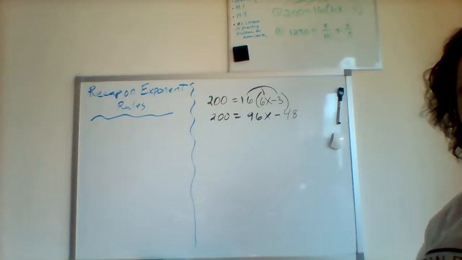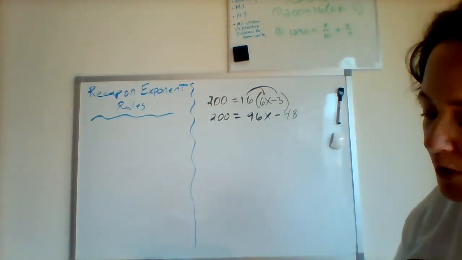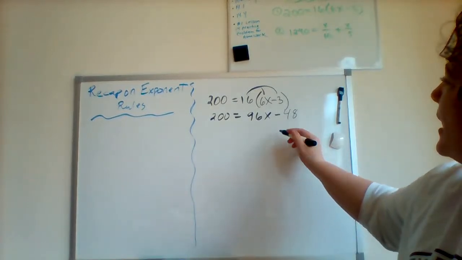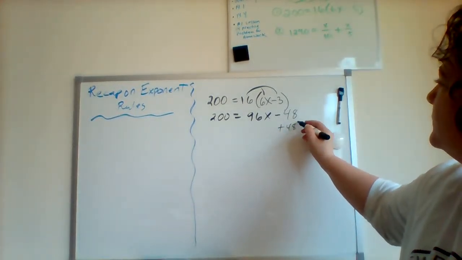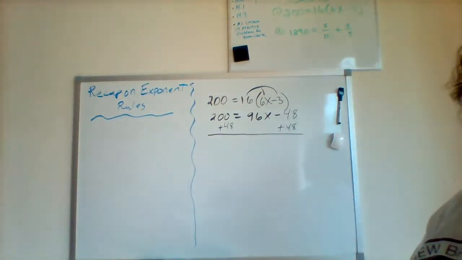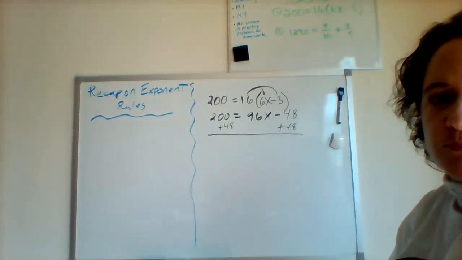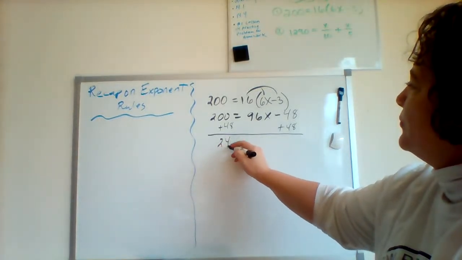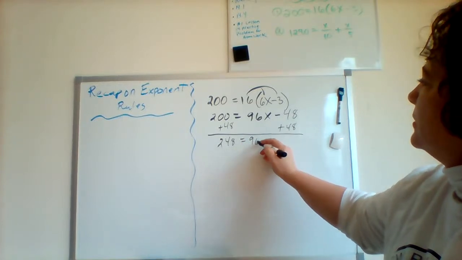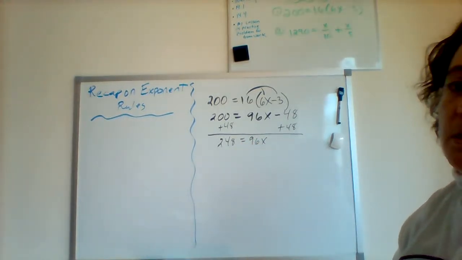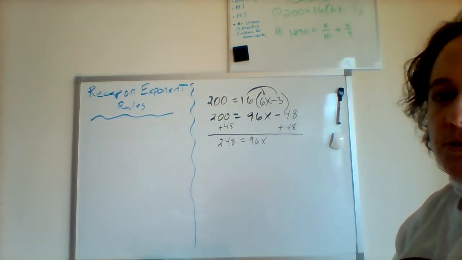This is where things start to look very similar to other strategies. I could hear you guys telling me add 48. We'll add 48 to both sides. That would give me 248 is equal to 96x, and nothing left there, right? 48 minus 48 is 0.